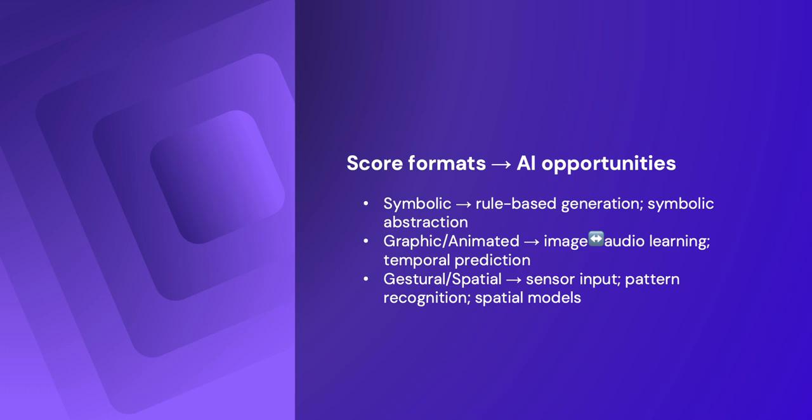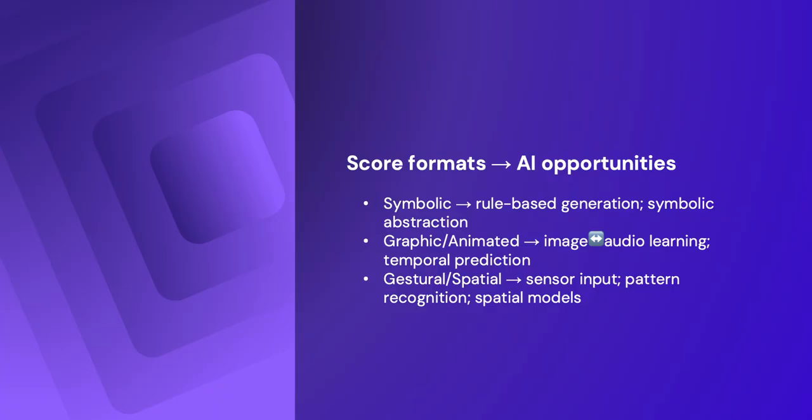Here is the map we'll use. Think of score format on one axis and AI role on the other. For symbolic scores, AI tends to help with rule-based generation, pattern discovery, and symbolic abstraction. For example, summarizing dense MIDI or other data into editable structures that performers can read.